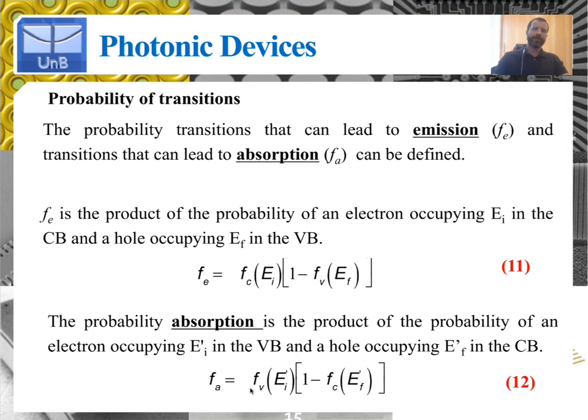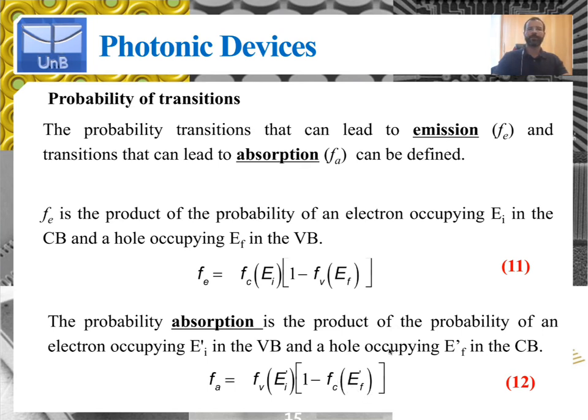So you have Fv of EI dash, okay, so the F of A is the product of the probability of there being an electron in the initial level in the valence band, so down in the valence band, multiplied by the probability of there being an empty state in the conduction band, which is 1 minus Fc of EF.